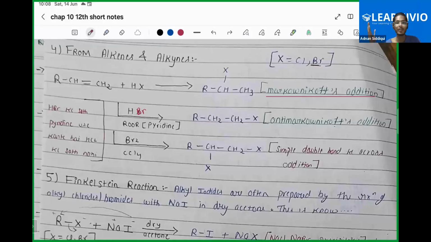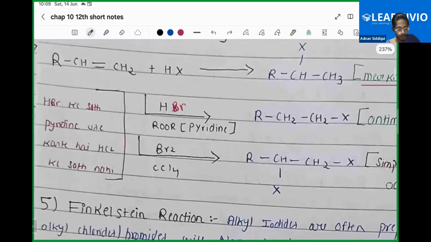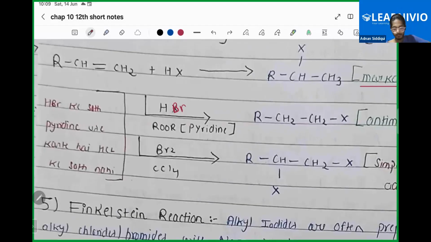For other cases, for example simple HBr, simple HCl, or HCl with pyridine, this will again go with Markovnikov. The only case where you will use the anti-Markovnikov approach is when HBr is present with pyridine or ROOR. Is this clear? I have written it in Hindi as well: HBr के साथ pyridine use करते हैं, HCl के साथ नहीं.